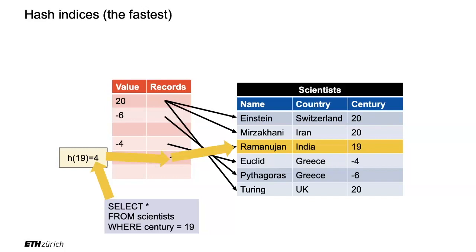Imagine you modify a century. You change, I don't know, Mirzakhani from 20 to 21. If you change that, you need to update the index. So the update will be slightly slower because you not only need to apply the update, you also need to slightly update the index as well. So an index slightly slows down when you update a table, but the benefit you get is instant answers when you have queries like that.